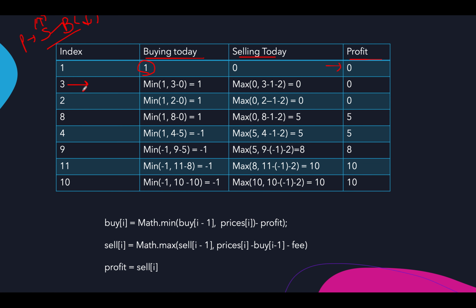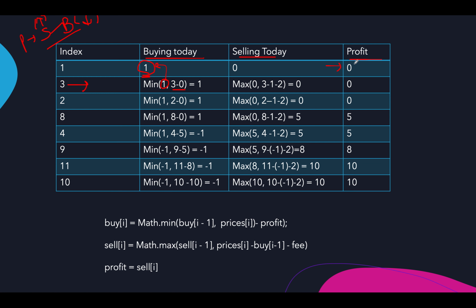So we have two options here. One is to keep the buying same that we bought on the previous day. So the first possibility is that you bought at whatever the previous value of buying was. And the other possibility is that you are buying today.